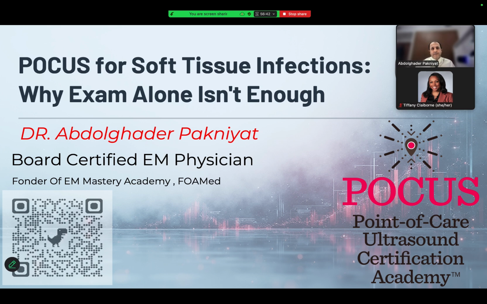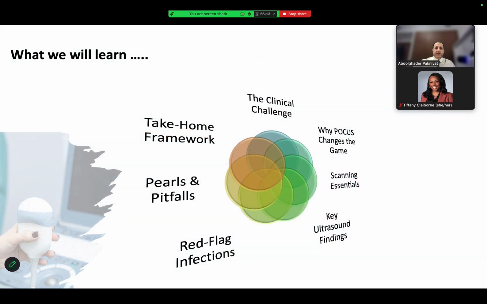Sometimes our hands have some limitation and we cannot detect every sickness, every pathology, just using our clinical skill, our physical examination. That's why we need to add some extra ability like POCUS, to be able to go through the body and see what's happening under the skin.